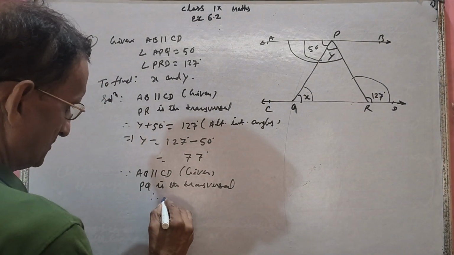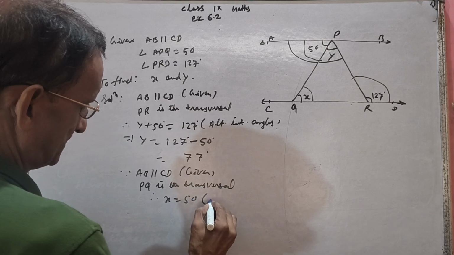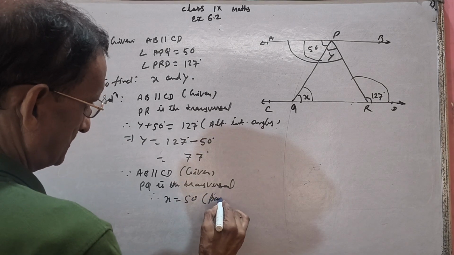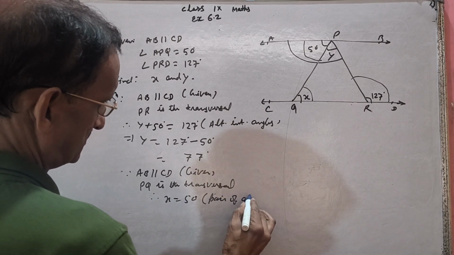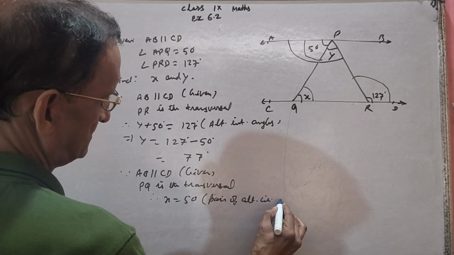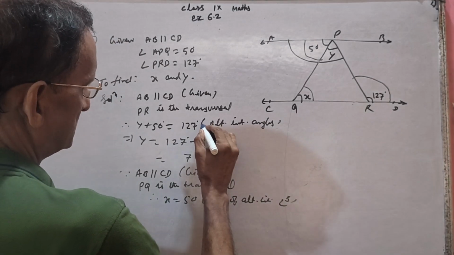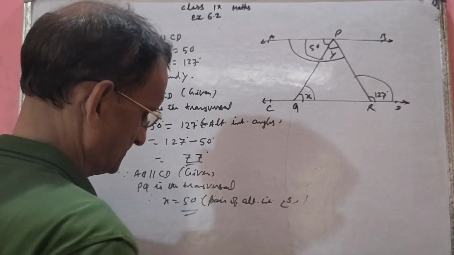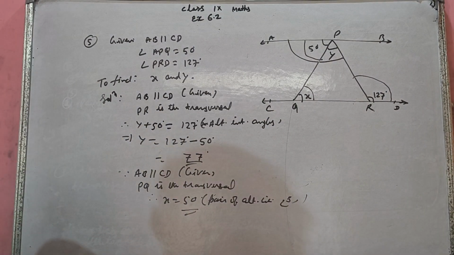So therefore, what will we get? X equal to 50 degrees. You should write pair of alternate interior angles. Here also you can write pair of. So this is the answer and this is the answer. Okay. This is all about number 5.